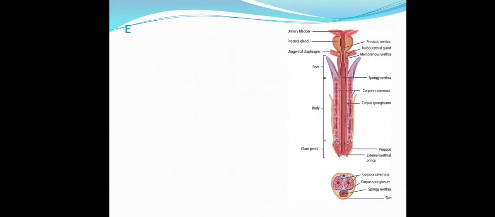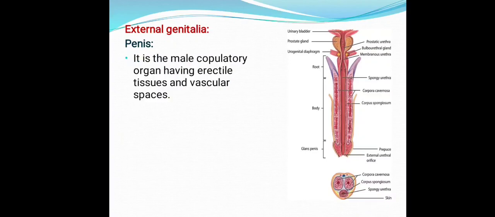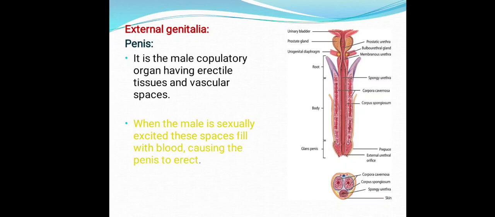Let us move on to the external genitalia, which is the penis. It is the male copulatory organ having erectile tissues and vascular spaces. When the male is sexually excited, these vascular spaces fill with blood, causing the penis to erect.